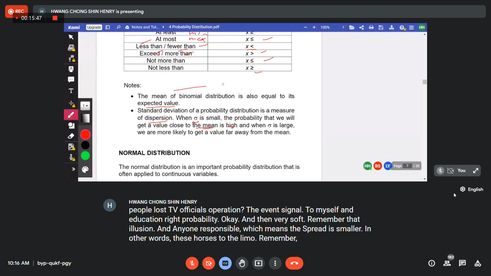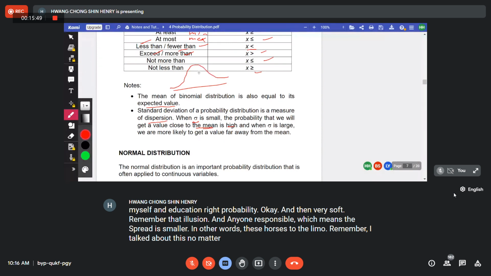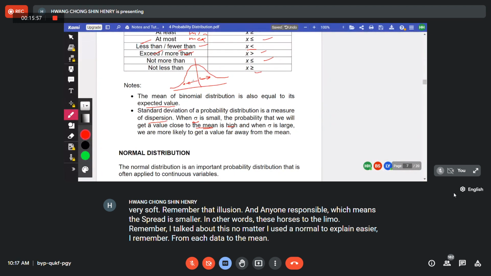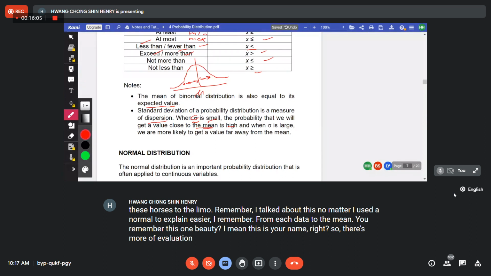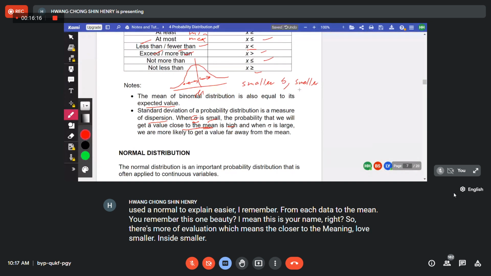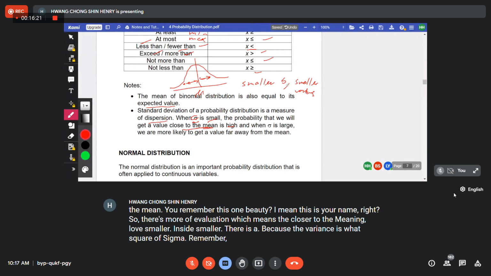Remember I talked about this normal curve; I use the normal to explain it easier. Remember the spread from each data point to the mean. We take one by one minus the mean. So the smaller the standard deviation, the closer to the mean. Smaller sigma means smaller variance, because variance is the square of sigma, and standard deviation is the square root of variance, so they are the same thing.